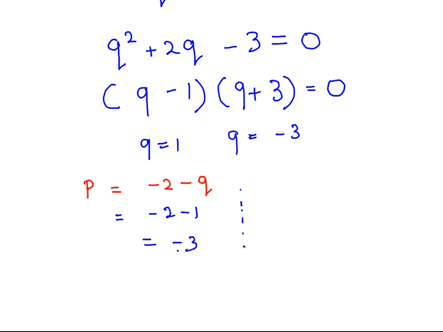Or in the second case, it would be minus 2 minus minus 3, or minus 2 plus 3, and that's equal to 1. So essentially, we actually just have two answers after all. There is no order as to which of p and q is which, so we just went for one and found the other. So the answer is actually minus 3 and 1.